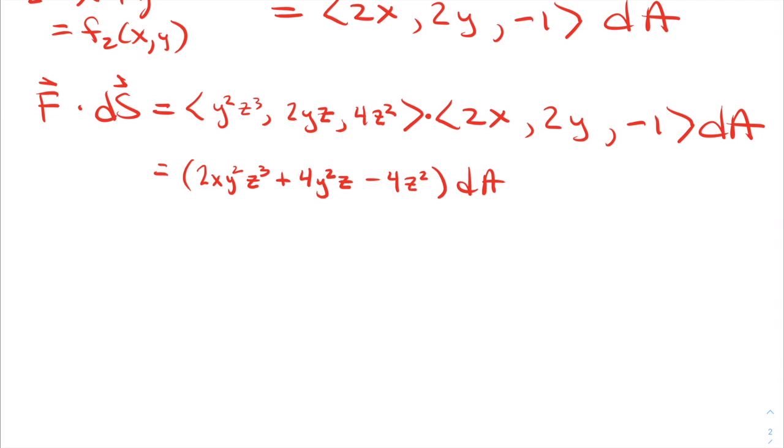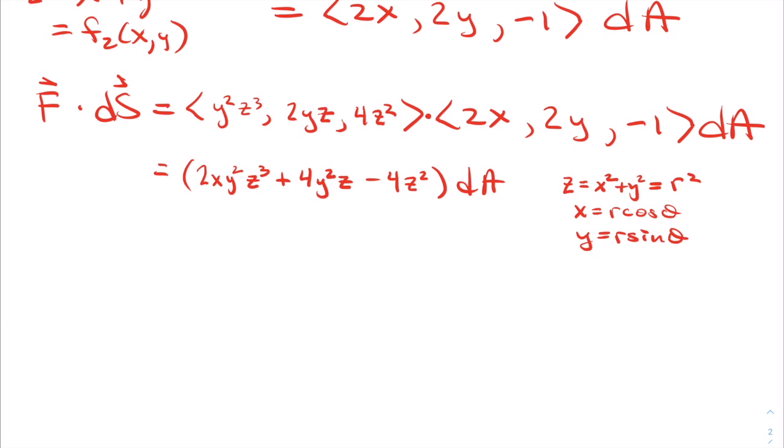So unfortunately, I think we're going to have to go to polar. So don't forget that z is x squared plus y squared on this surface. And that's just r squared. So whenever you see z, we're going to put an r squared in. Obviously x is going to be r cos theta. y is going to be r sine theta.